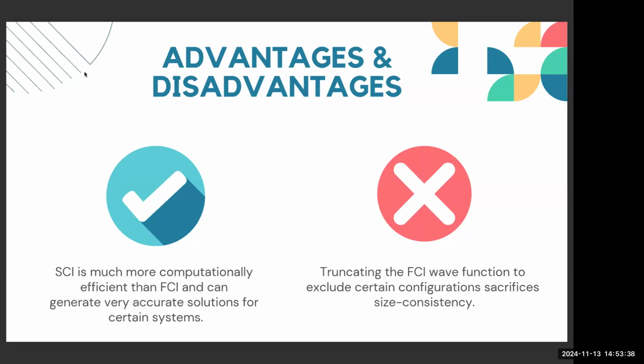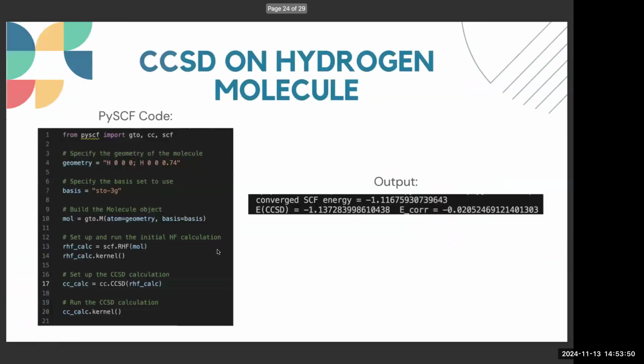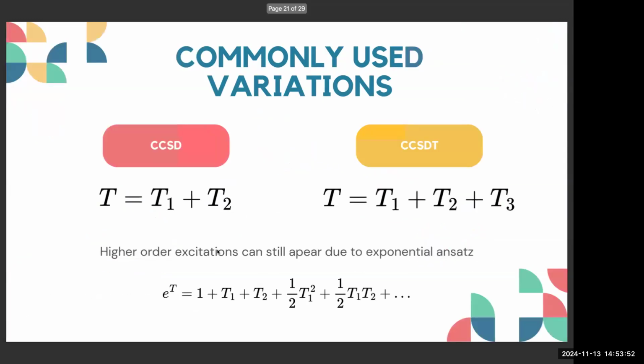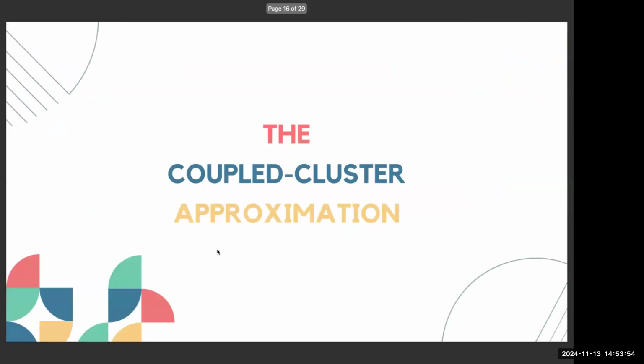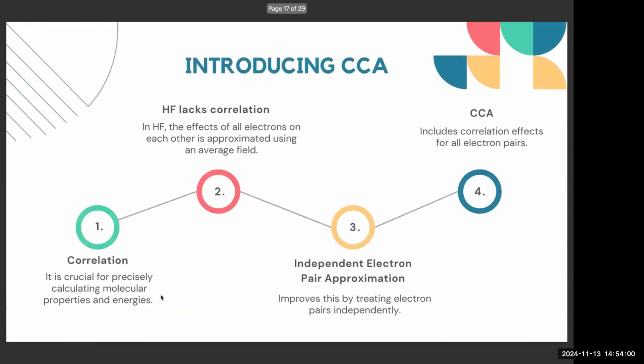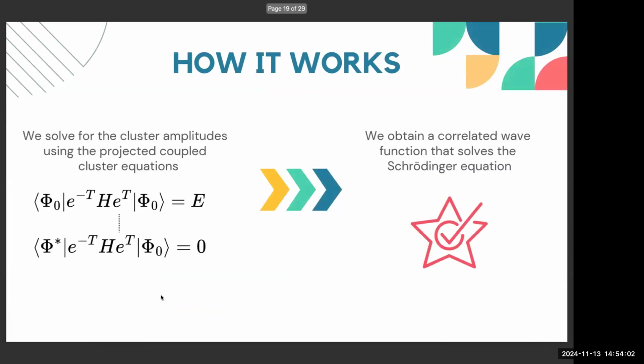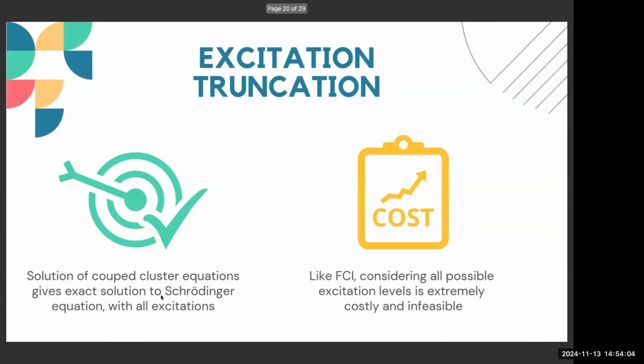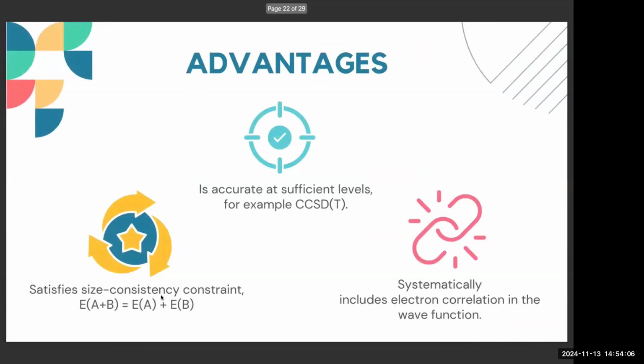I have a quick question. Along with the energy, in one of the slides you mentioned electron correlation as well. I'm just talking about the CCSD.